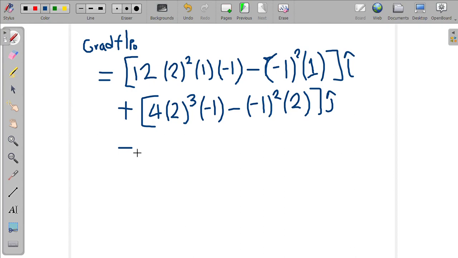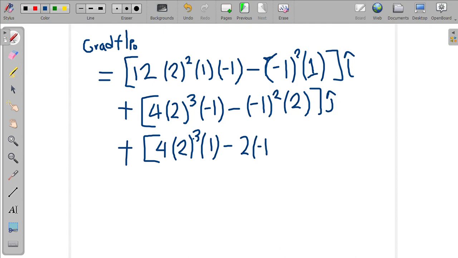And lastly, we open the square bracket there and write 4 multiplied by 2 cubed, multiplied by 1, then we close the bracket, minus 2 into bracket, (-1) squared, and -1 alone, multiplied by 2, then multiplied by 1.